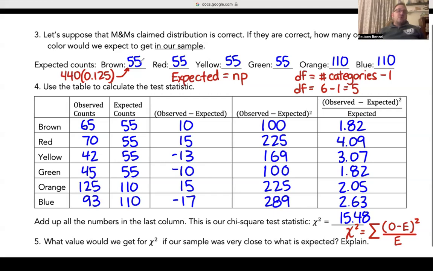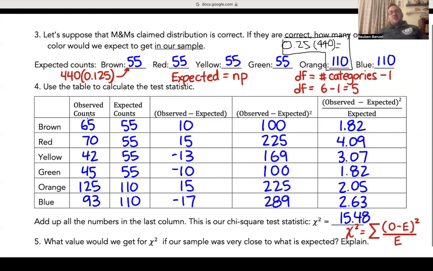So 55 is 12.5% of 440. We get the 110 because 25% of 440 is equal to 110. So you always want to be benchmarking against the expected.